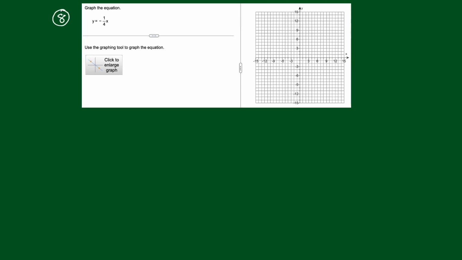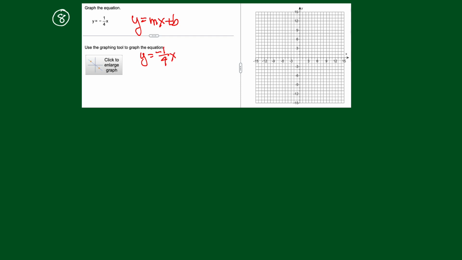Now this is a good one to do because it forces us to see something here. This equation, y equals -1/4 x, really is in slope-intercept form. You know the slope-intercept form looks like this: y equals mx plus b. But what we've got is y equals, I'll put the negative on the top, -1/4 x.